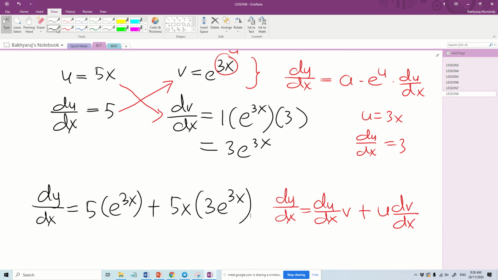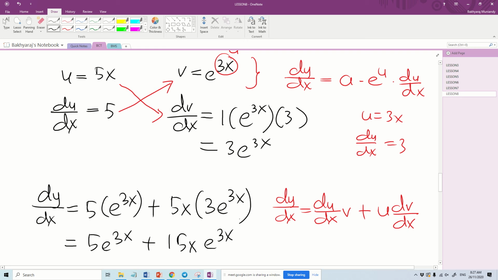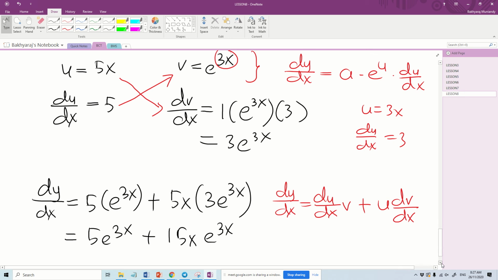Okay, what will be my answer? My answer will be 5 exponent 3x plus 5x exponent 3x times 3, so this one will be 15x exponent 3x. If I factor, it will be a very nice answer.